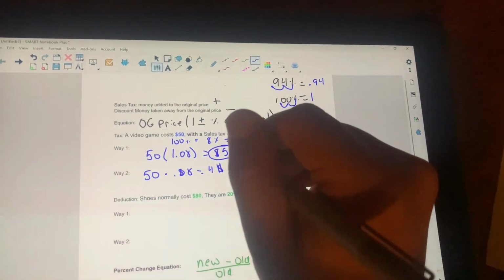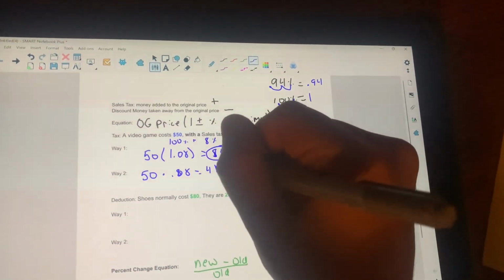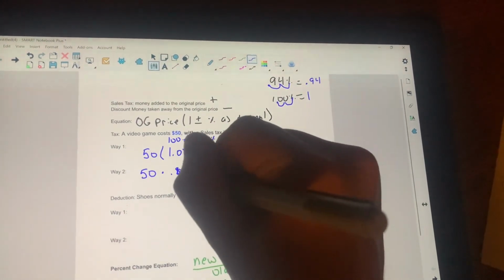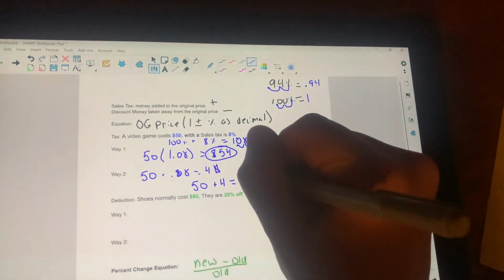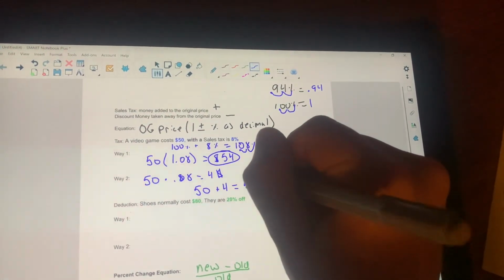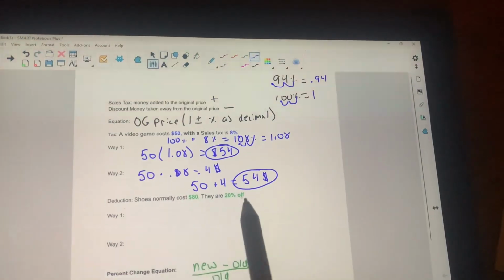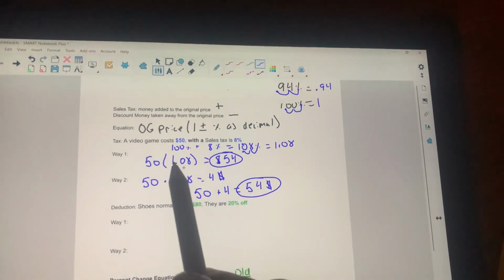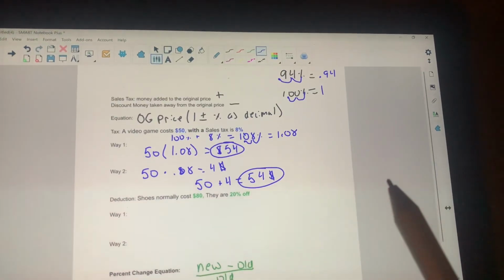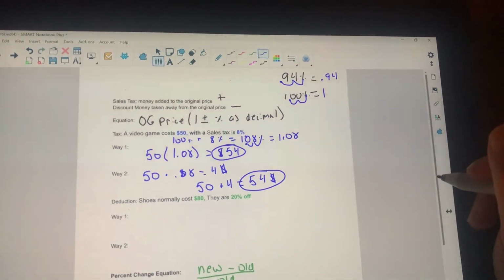Since it's a sales tax, I need to add that $4 to my original amount. So I'm going to take $50 plus $4, and that is going to get me $54. Either way, we got the same price. So you can either break it apart and do it this way, or you can do it all together like that. Either way, you're going to get the same answer.